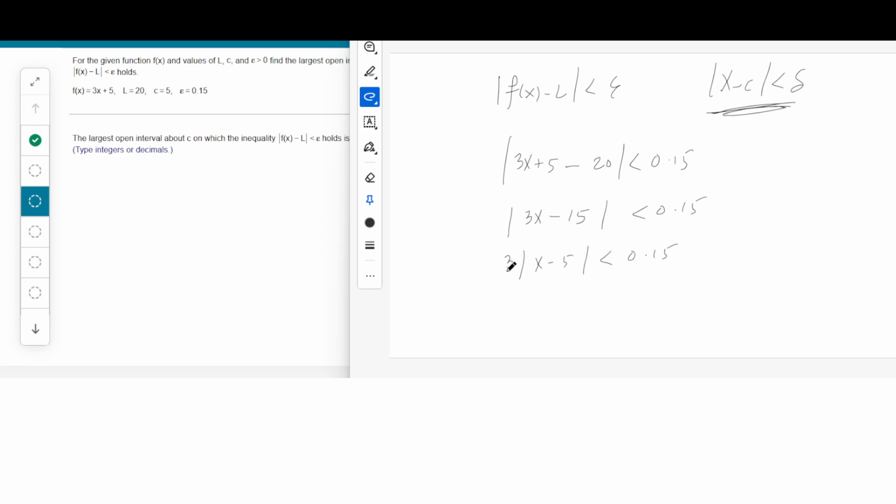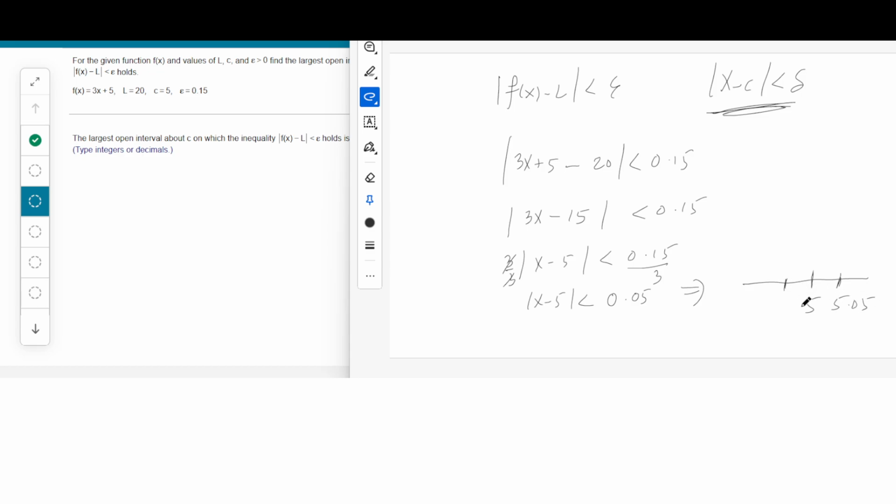So divide both sides by 3. You can divide both sides by a positive number and you still have this inequality. If you divide 0.15 by 3, it's 0.05, right? So |x − c| is less than delta. The meaning of this is that around 5, you can go 0.05 unit to the right, which is 5.05, or to the left.